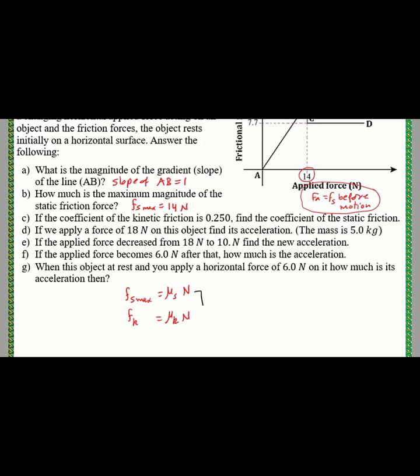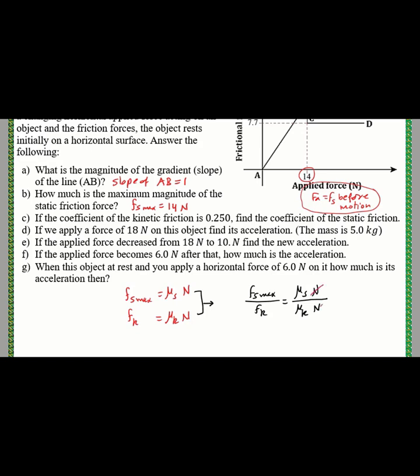If we divide the two equations, we get Fs maximum over Fk equals mu s N over mu k N. We can cancel N with N since the normal force is not 0.